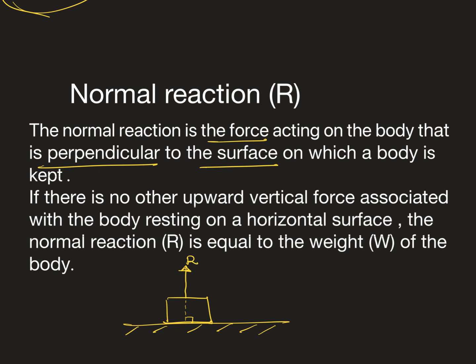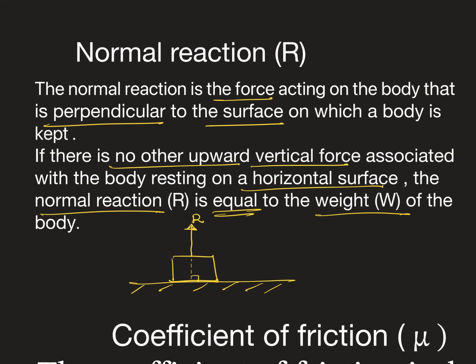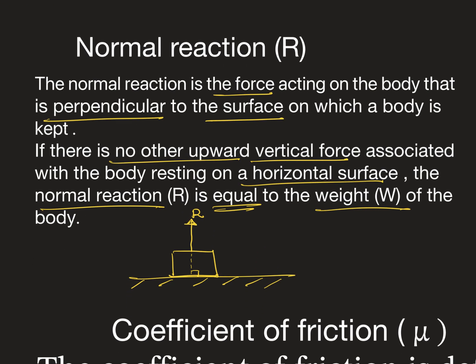So we continue. It says if there is no other upward vertical force associated with the body resting on a horizontal surface, the normal reaction is equal to the weight of the object. So if this is the object, its weight is going to come vertically downwards.